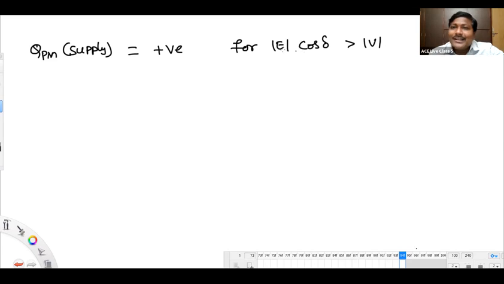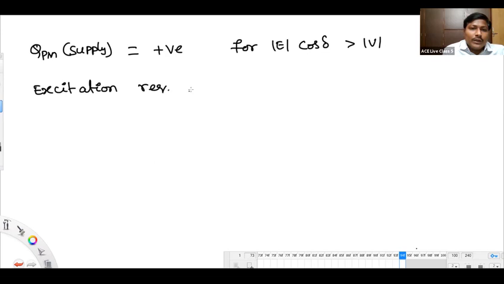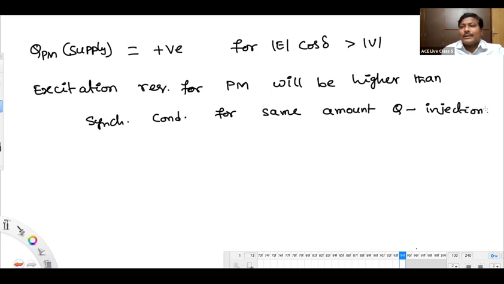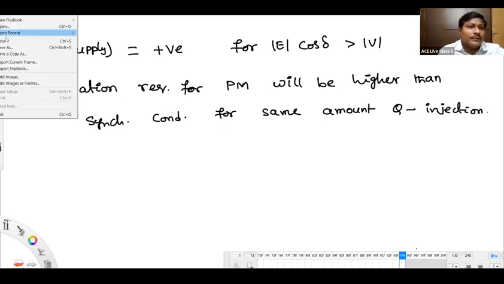Cos delta is less than 1, so the E value required will be greater to dominate the terminal voltage. So the excitation required for the phase modifier will be higher than the synchronous condenser for the same amount of reactive power injection.